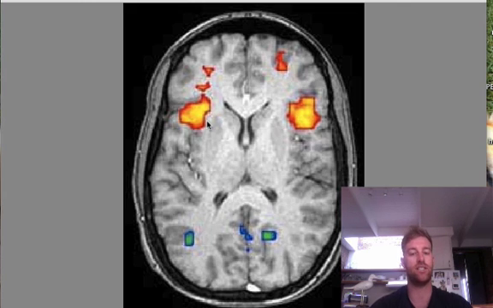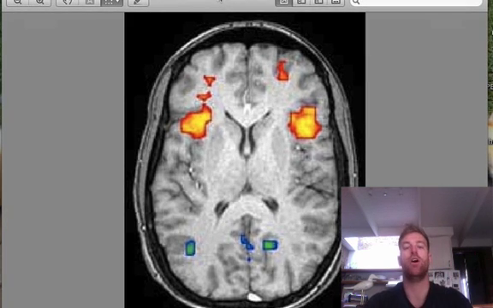So what it does, a bit like what the PET scan did with the radioactive dye they put in, the same kind of thing applies here. So the good thing is there's no crazy radioactive goo in your body, okay? They can just detect the oxygenation levels of the blood and therefore what's going on.